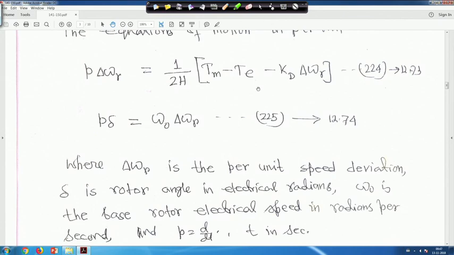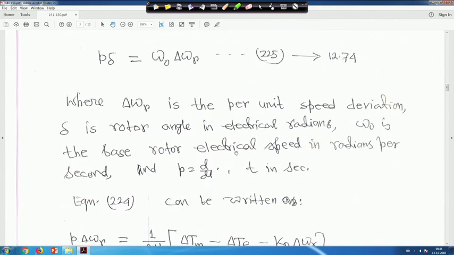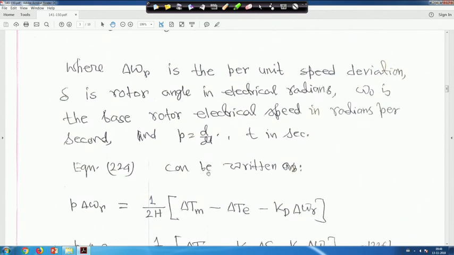So, this is my equation 225 now, where delta omega r is the per unit speed deviation, delta is the angle in electrical radian, omega 0 is the base rotor electrical speed in radian per second, and p is the differential operator that later we will replace by s, the Laplace operator, and t is in second.